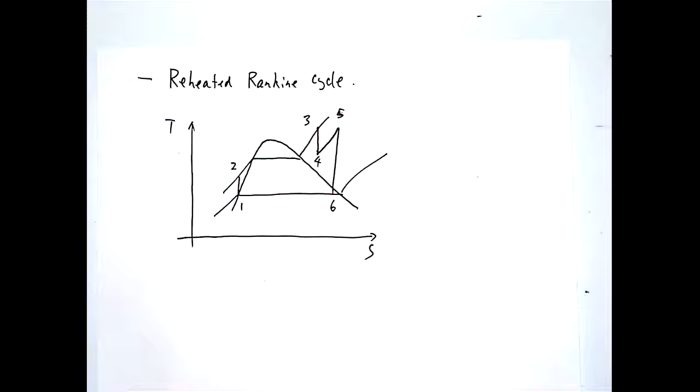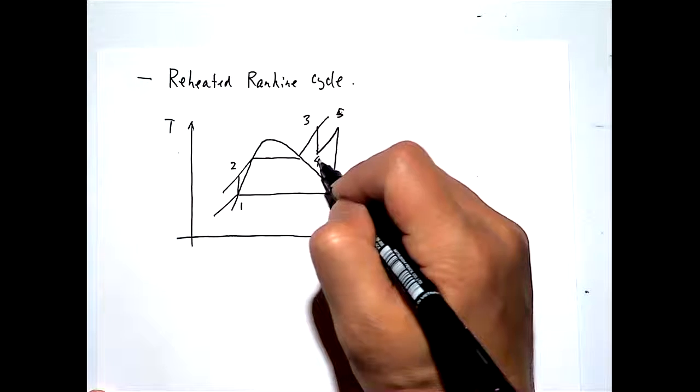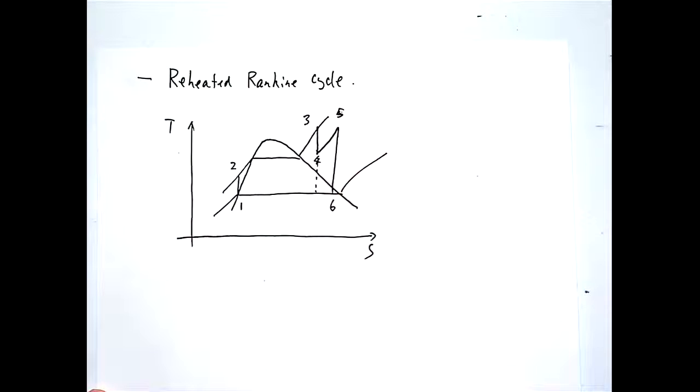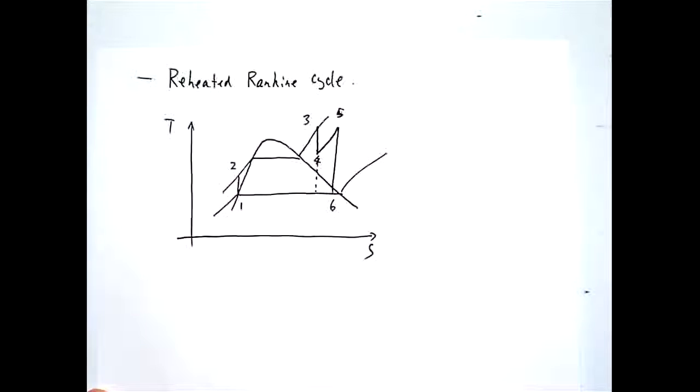The difference compared to not using a reheater is that if you are not using this step, it will end up with this, which means you will end up with much larger moisture at the end of the turbine.